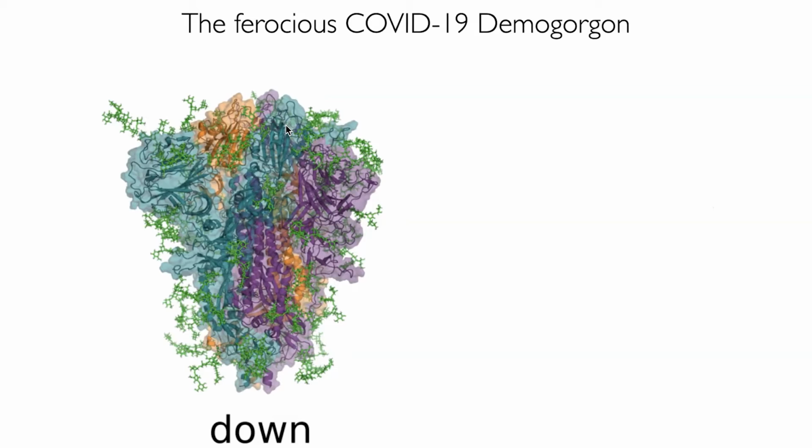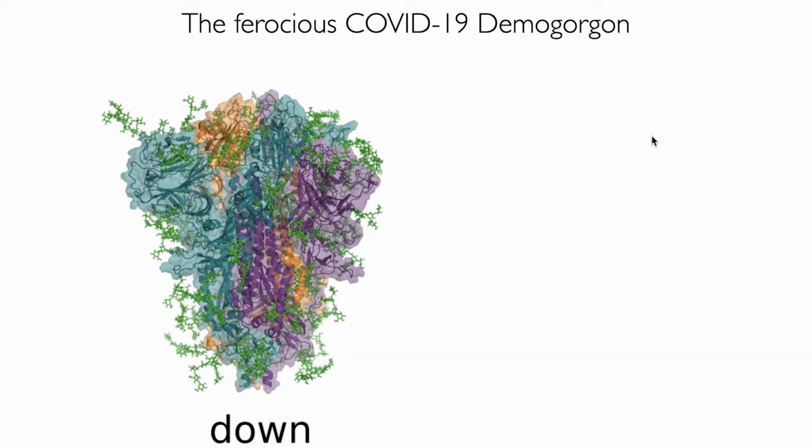It protects the most vulnerable part of the turtle, its head, but it also means that the turtle can't eat, right? It can't attack its prey if it's got its head pulled into its shell. And so in this conformational masking strategy where the protein is mostly closed up, it still needs to be able to open up to actually expose that key surface and bind to a potential host.